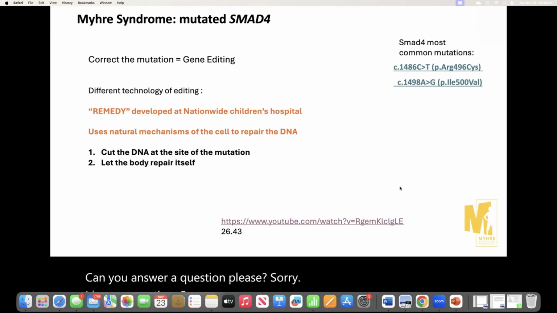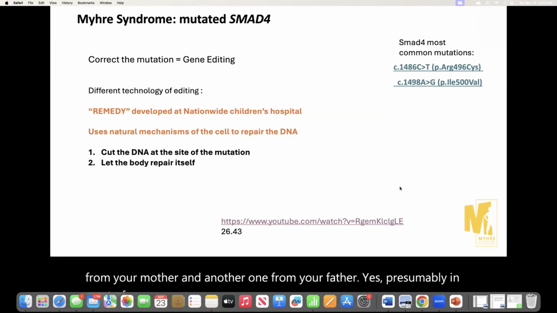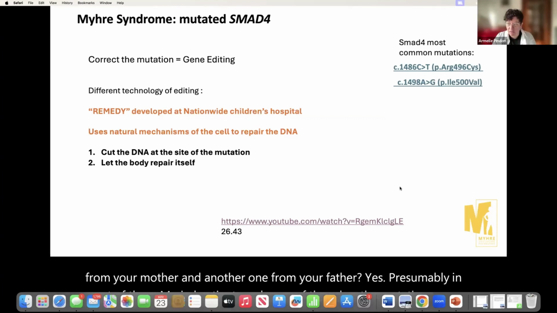Go ahead. You have one DNA molecule from your mother and another one from your father. Presumably, in most of these Myhre patients, only one of them has the mutation. Yes, exactly.